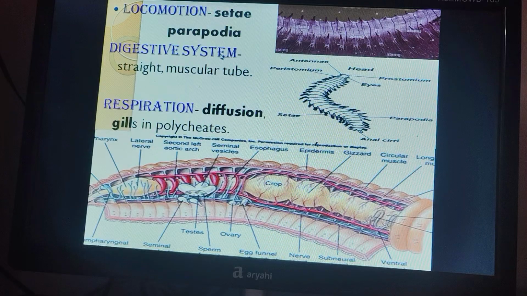Digestive system is a complete digestive system. It is straight, not coiled, and a muscular tube. Next, respiration is through diffusion. That means through the skin. Cutaneous respiration you can see in some animals, but in polychaetes you can see gills.